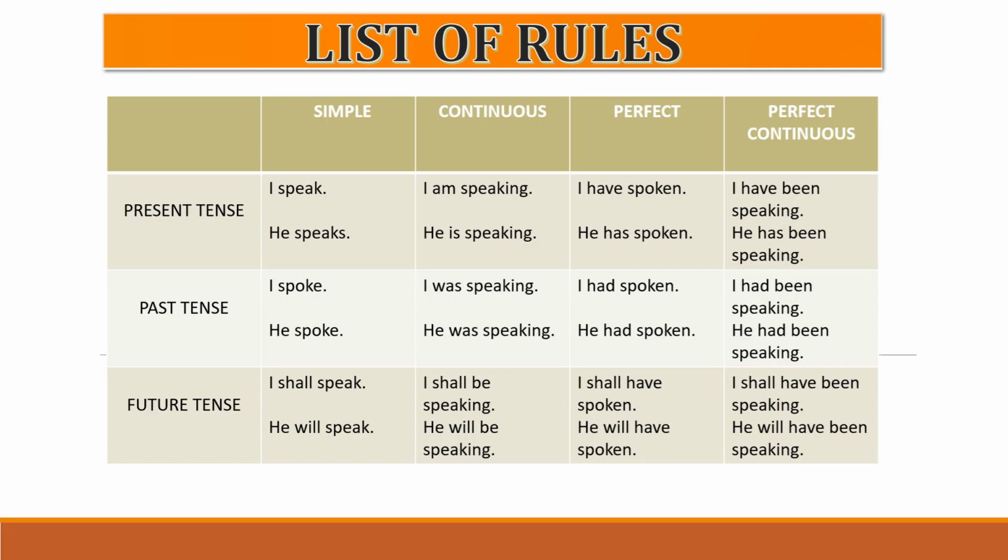And in this particular section, like past perfect continuous, the rule goes this way: subject, had been, and then ing form of the verb. So here had been and ing form, that is speaking. It is also called present participle. Ing form is also called present participle form of the verb.